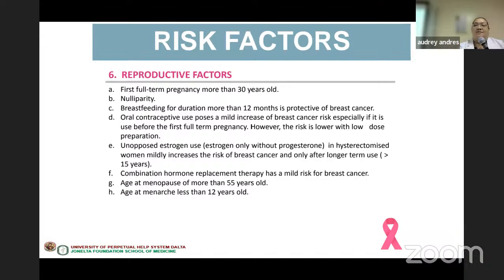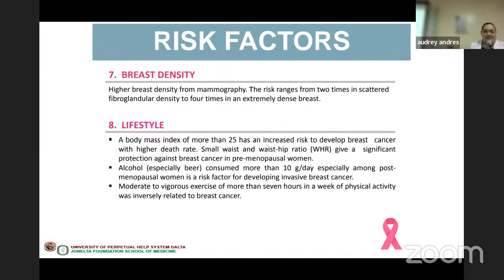Breastfeeding for a duration of 12 months, your estrogen is limited. Oral contraceptive, you have exogenous estrogen. Unopposed estrogen, obesity, age of menopause, early menarche, all related to estrogen exposure.